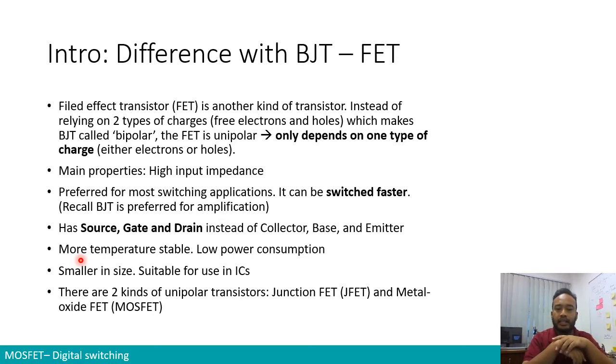In what we call unipolar transistors, there are basically two kinds of FET. There is the junction FET, JFET, and there is the metal oxide FET, MOSFET. The one that we're going to discuss now is MOSFET.